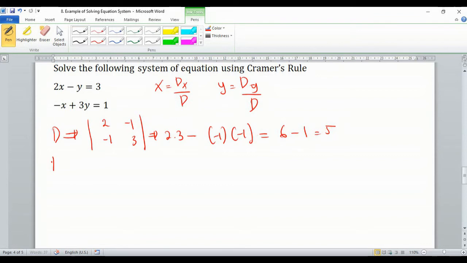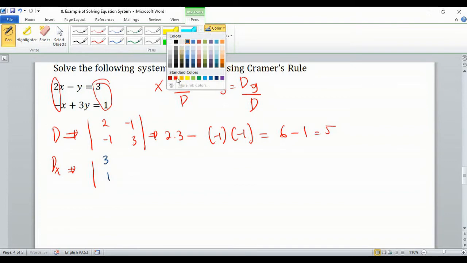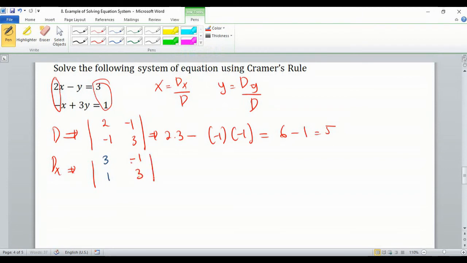Okay, you need to find dx. What's dx? Remember, when you want to use dx, this is the column of x. You need to replace it with the answer column value. So you can write, let me change the color to make it different, 3, 1, and then -1 and 3. So this result is 3 times 3 minus 1 times 1, which equals 9 minus positive 1, which is 10.